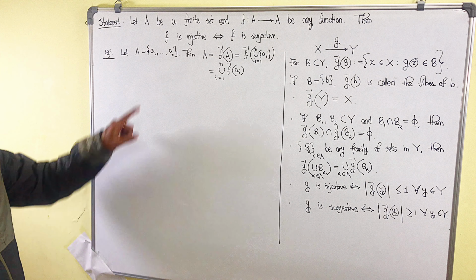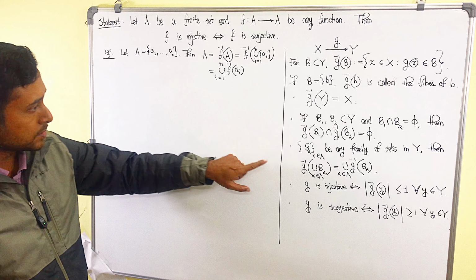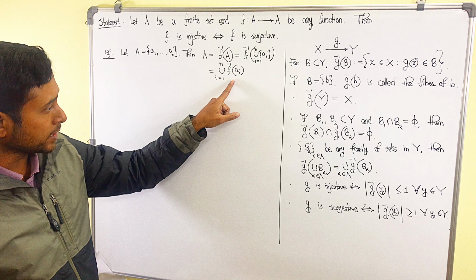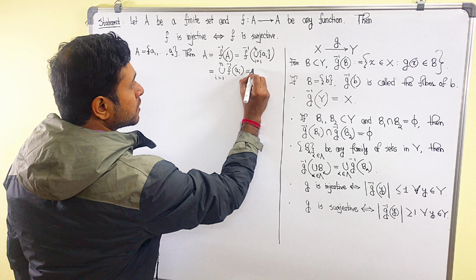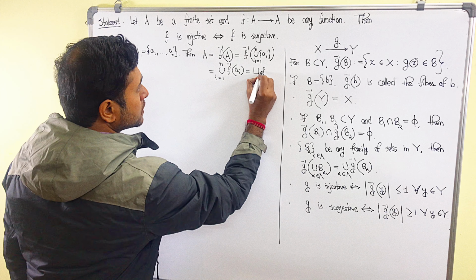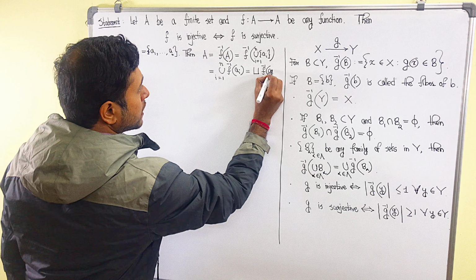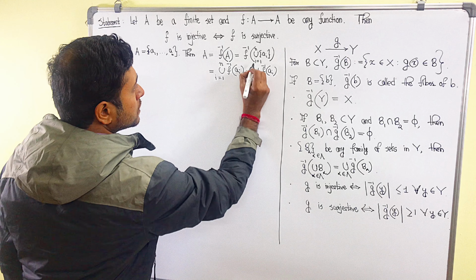Since these are all distinct points, these are all disjoint sets, by this. So we can use the notation of disjoint union of f inverse of ai, i from 1 to n.